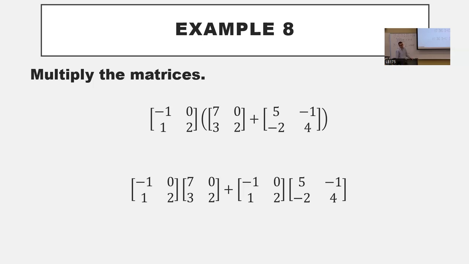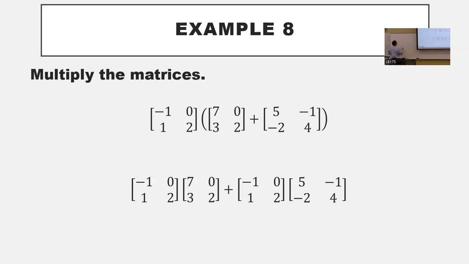I do want to mention something about rules of mathematics with matrices. As we stated, when we're multiplying matrices, they are not commutative. So A times B is not the same thing as B times A in general.